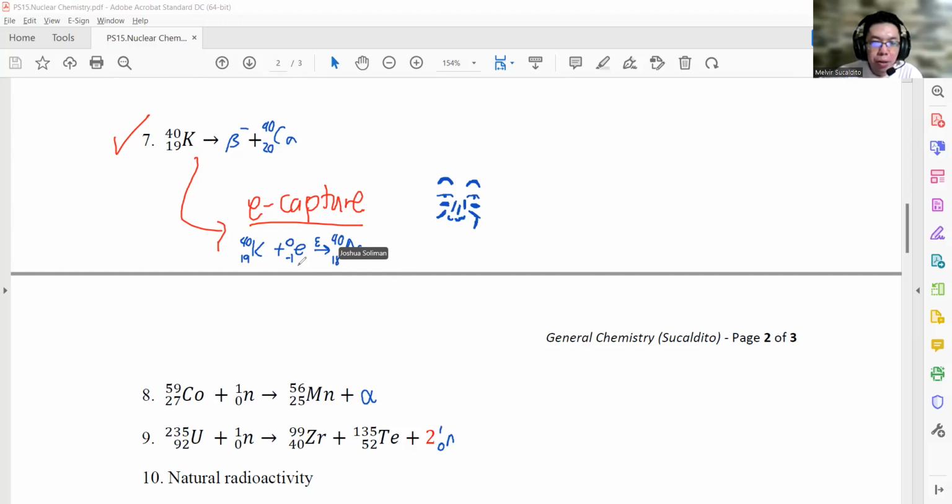Good. Argon na. You form argon 40 and that is what we measure in the potassium argon dating. So ito. And this accounts for how many of the decay mode?